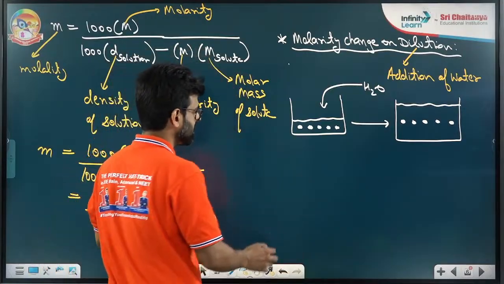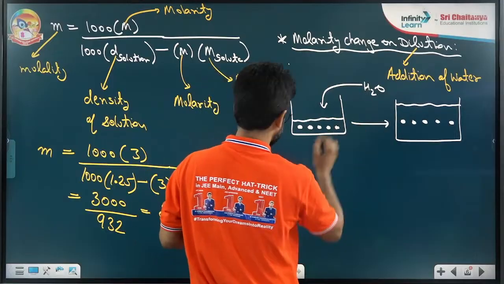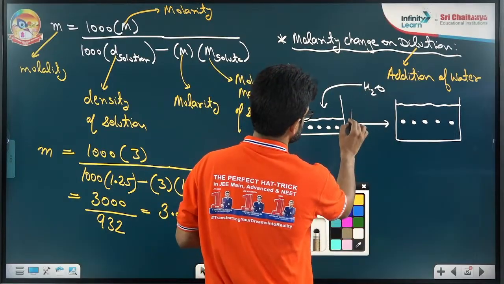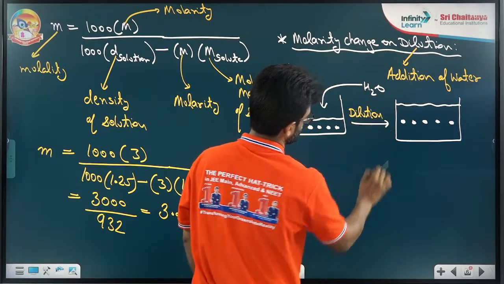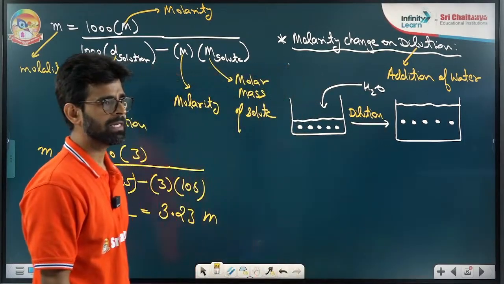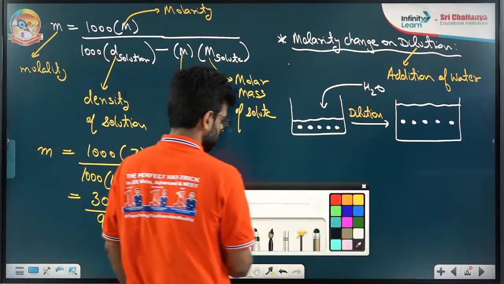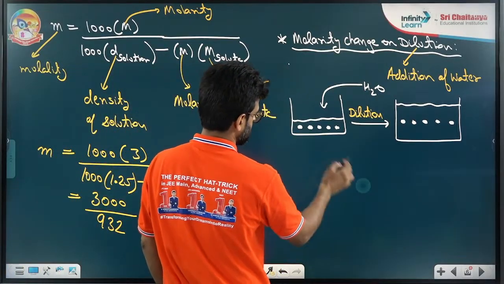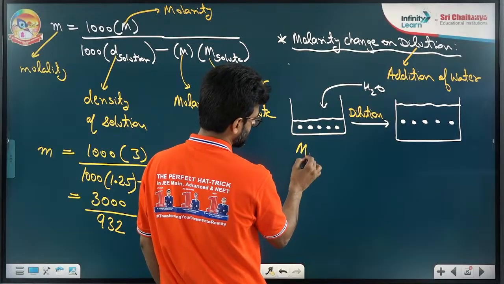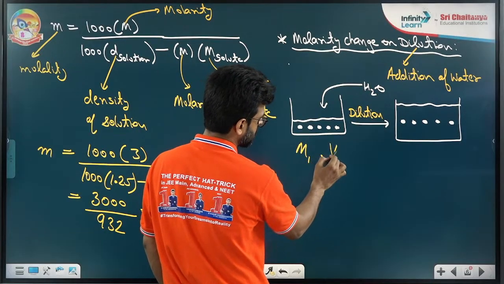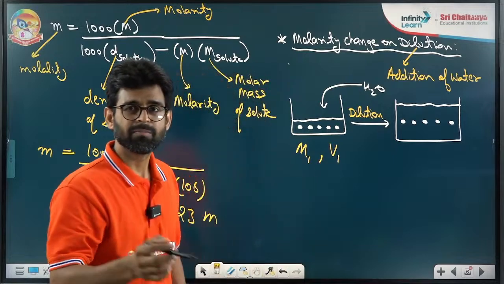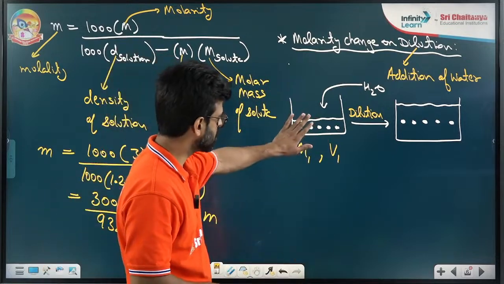So this process I am calling dilution. In this case, imagine the molarity is M1 and the initial volume is V1, before adding water in the initial solution.